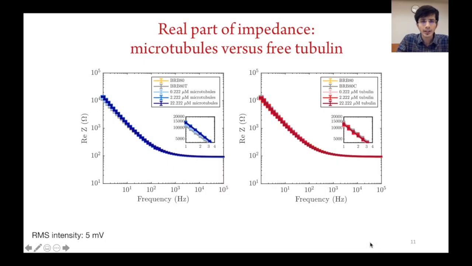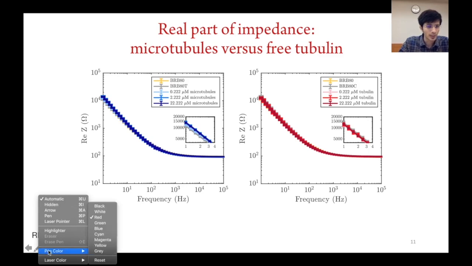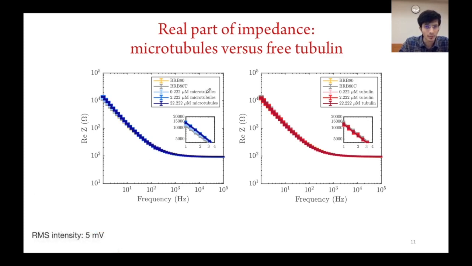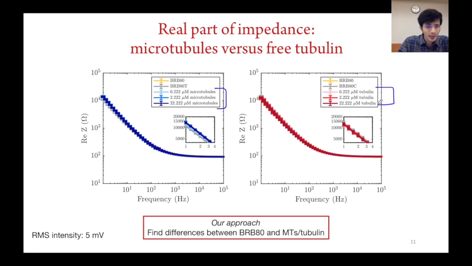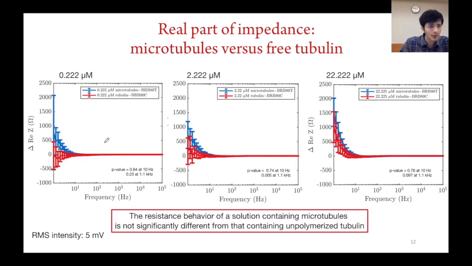So after analyzing the imaginary component of impedance, you can also perform exactly the same analysis on the real component of impedance, right? So this is the resistance basically. So you compare the properties of microtubules to those of tubulin at exactly the same concentrations. And so if you take a look at that, we find the answers are actually less clear.